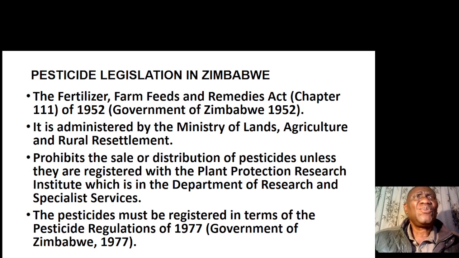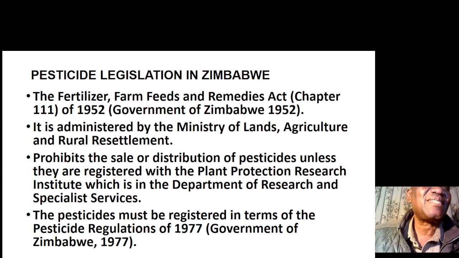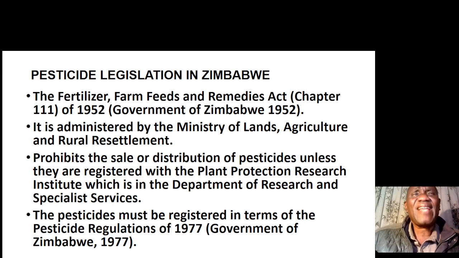Now we want to look at how pesticides are regulated in this country. Zimbabwe has got pieces of legislation which tend to regulate how pesticides should be used in this country. Some of these acts are quite old and they are very useful.